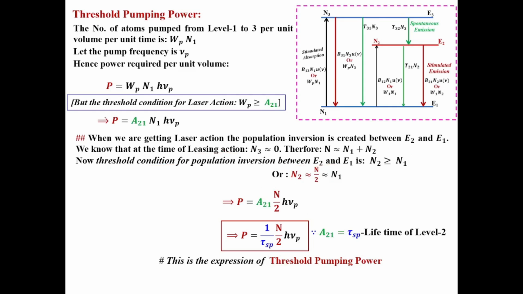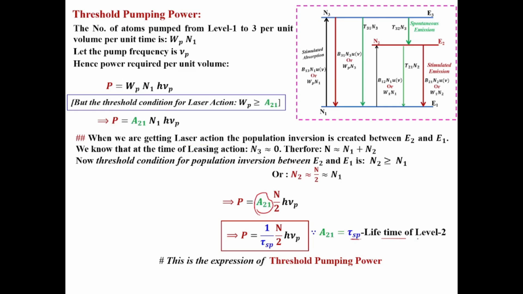So this power required per unit volume per unit time, just as the laser action starts, will be equal to A21, and instead of N1 we can write N by 2, into hνP, right? Here A21 is nothing but 1 by τsp, the lifetime.